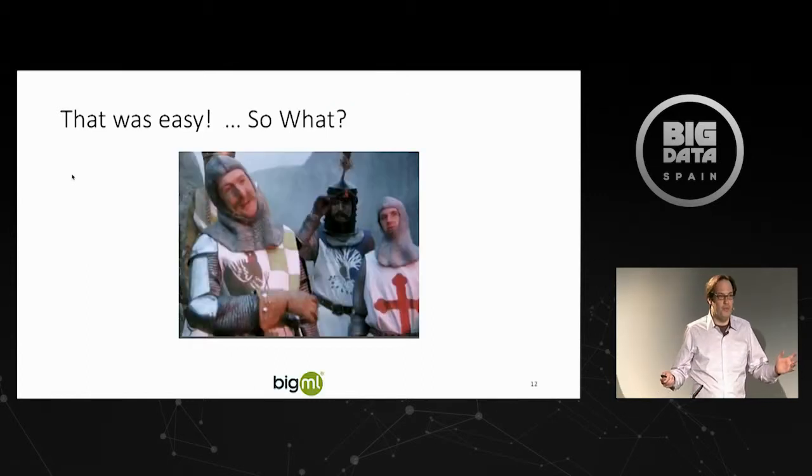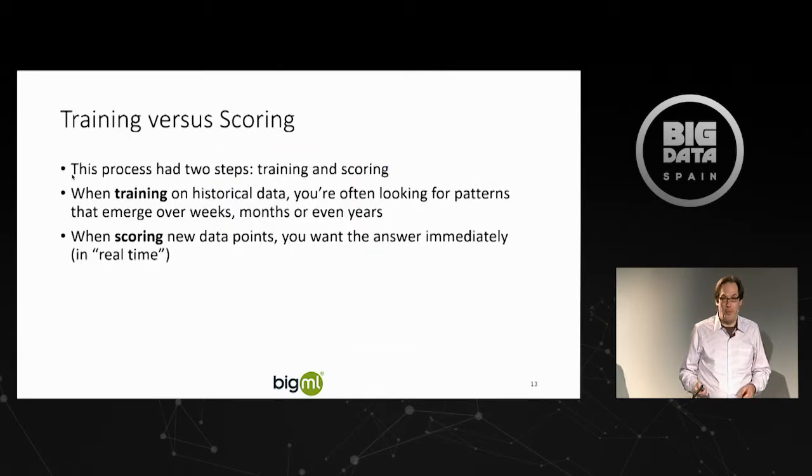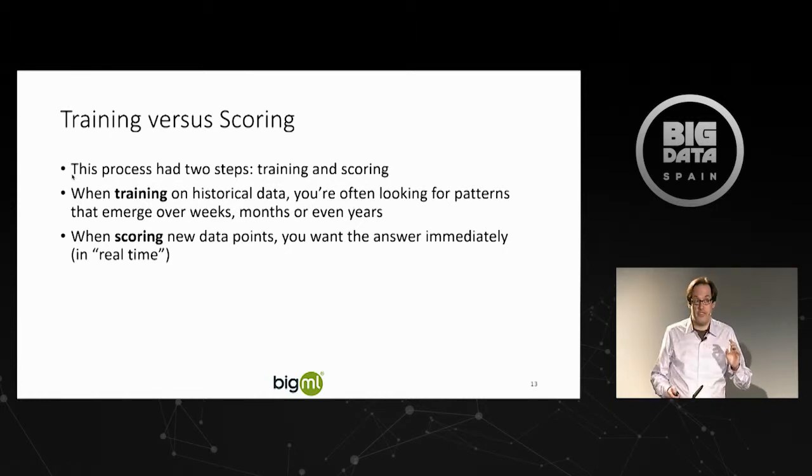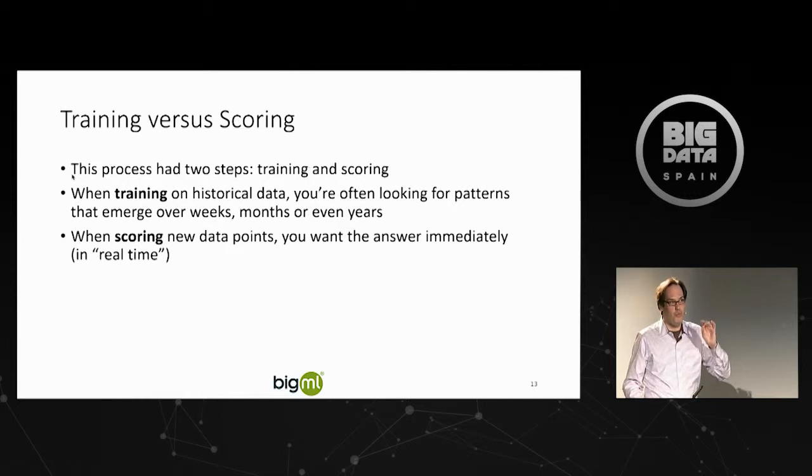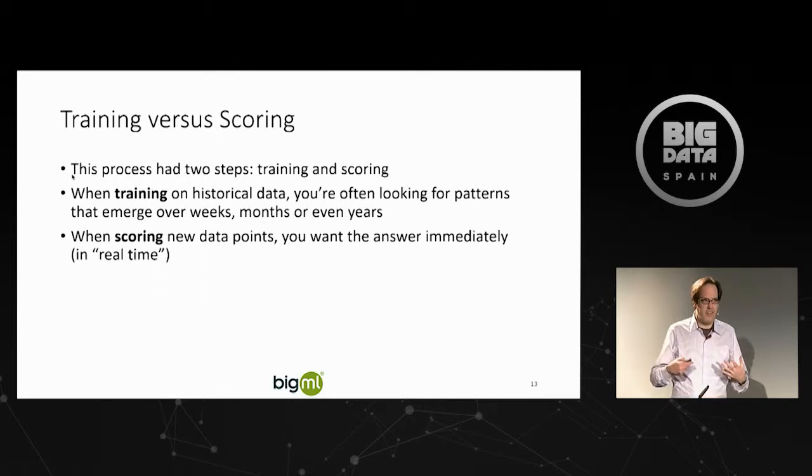Okay, so what? Who cares? The point is that that process has two steps. The first step is drawing the rectangles, and the second step is figuring out which rectangle a data point falls into. So the process had two steps: training, drawing the rectangles, and then scoring, which is figuring out which rectangle a data point falls into.